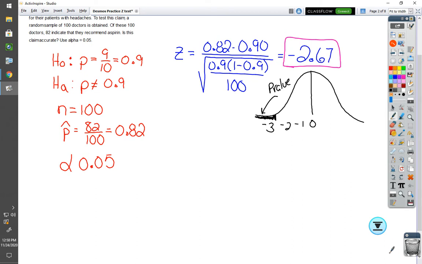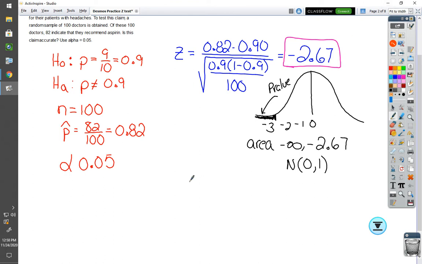So our next step is to go to Desmos and look for the amount of area from negative infinity to negative 2.67, on a normal distribution because it's a z with mean 0 and standard deviation 1.